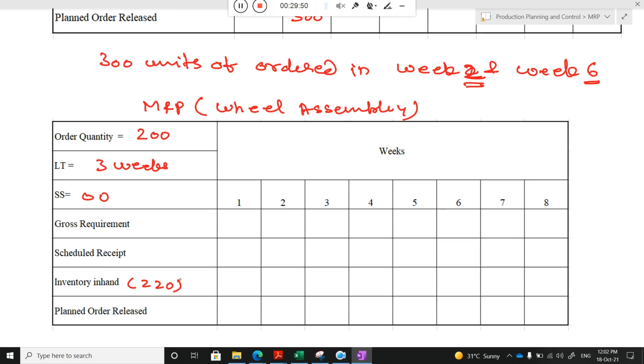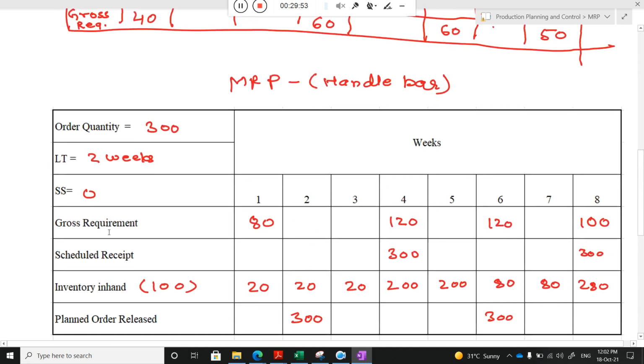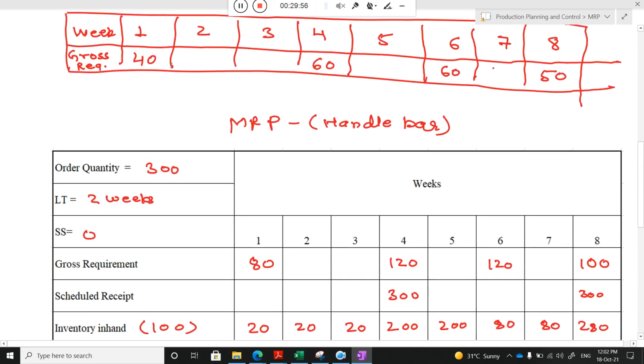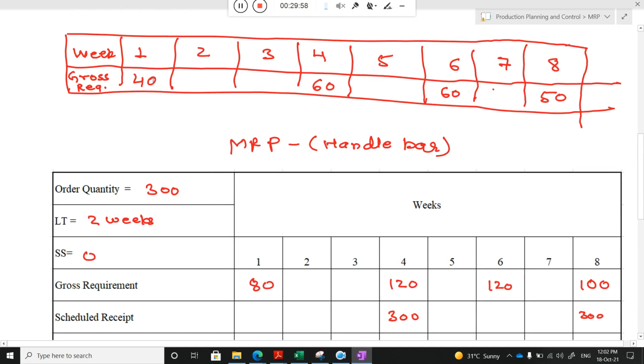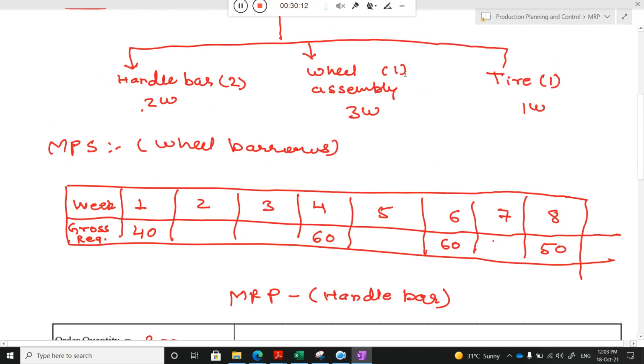The gross requirement here, at week 1 it is 40, week 4 it is 60, week 6 it is 60, and week 8 it is 50 for the final product. For manufacturing this final product, how much wheel assembly is needed? The quantity is only one. Please try to understand.